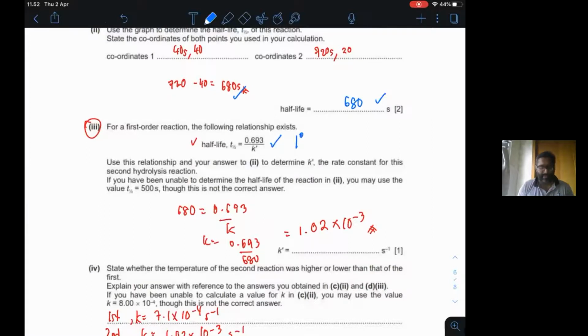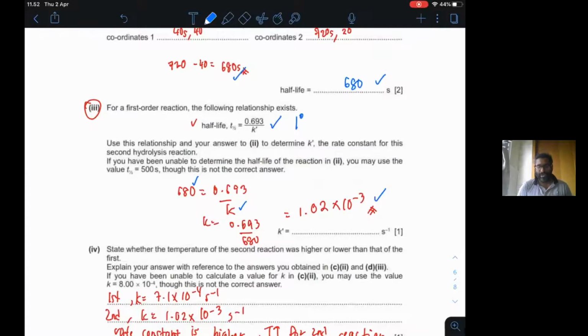And we know that this is a first order reaction. So they are asking you to find the K, the rate constant. You found the half-life, just put the half-life over there, find the value of K, and you will get this value.